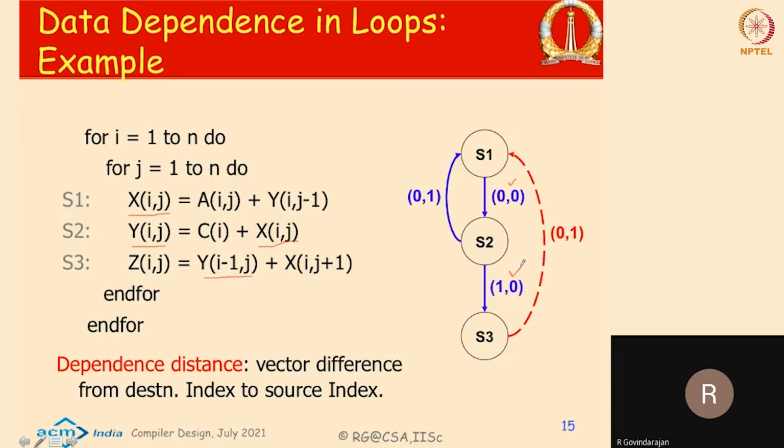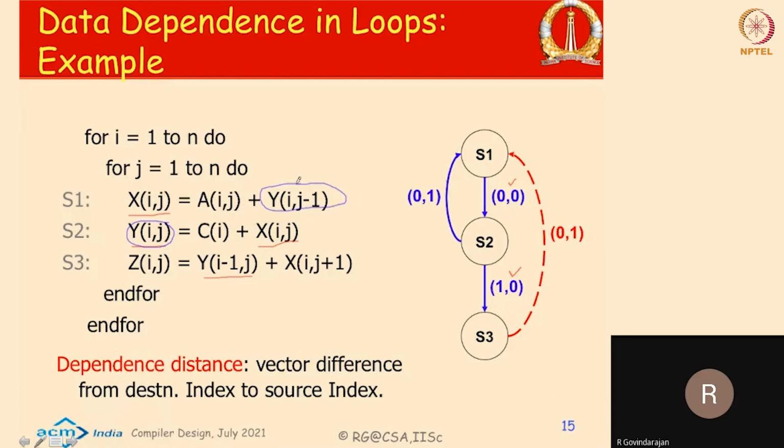And now you can also see that there is a dependence from S2 to S1, which let me mark in a different color. Let's take blue and just mark it like this, and the one over here.